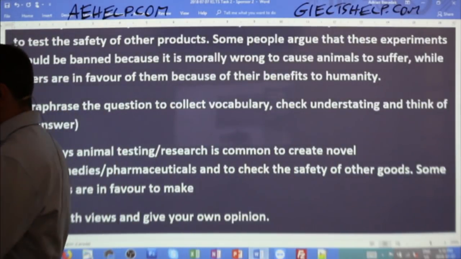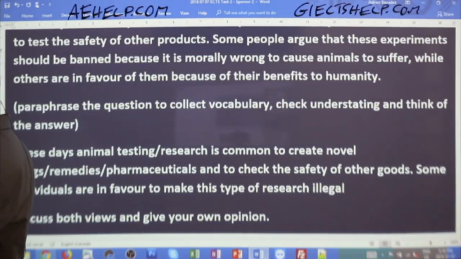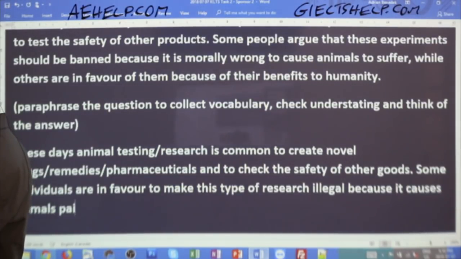So, individuals are in favor to make this type of research illegal because it causes animals pain, right?